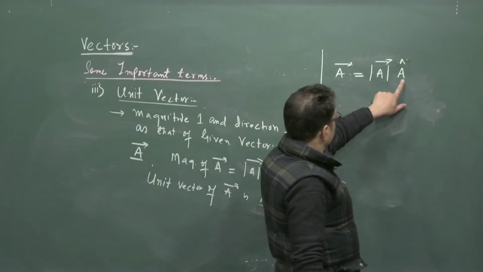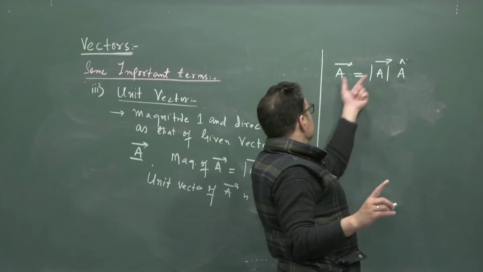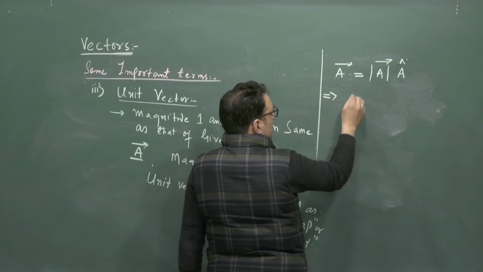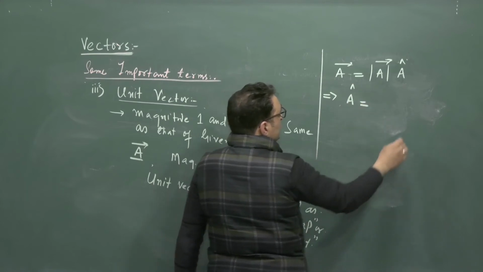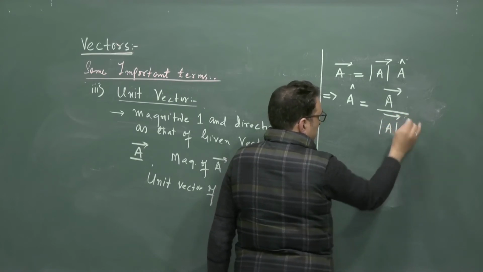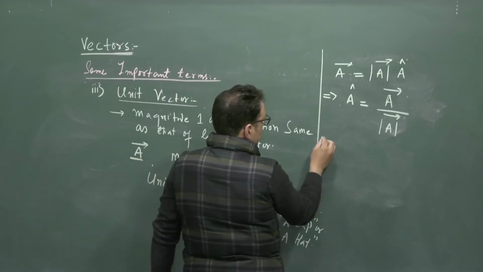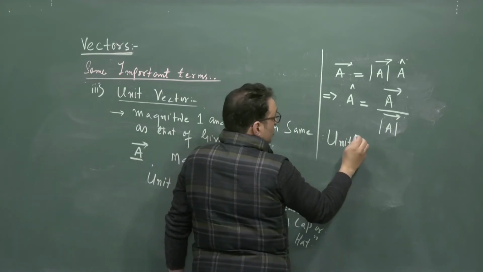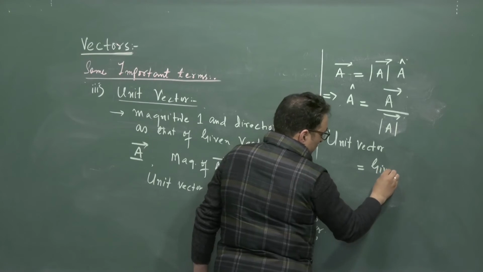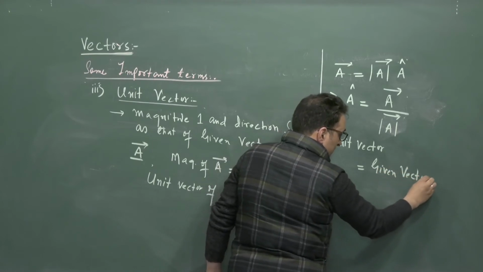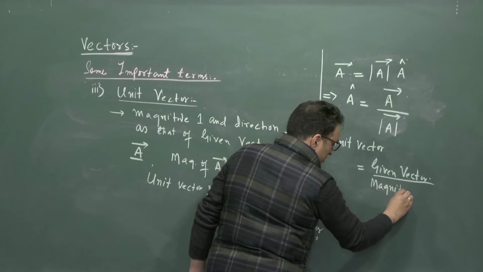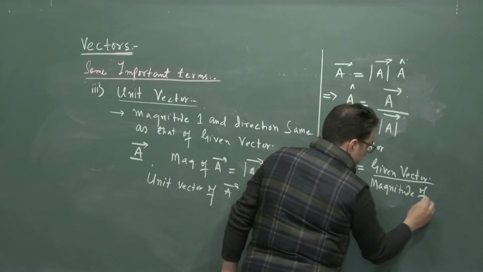This A cap has magnitude 1, but direction is the same as that of the given vector A. Therefore, from this equation, we can write A cap is equal to vector A divided by magnitude of vector A. Therefore, unit vector is equal to given vector divided by magnitude of given vector.